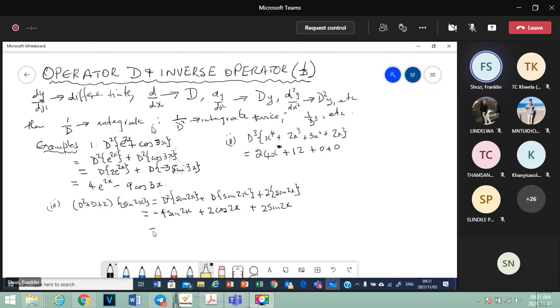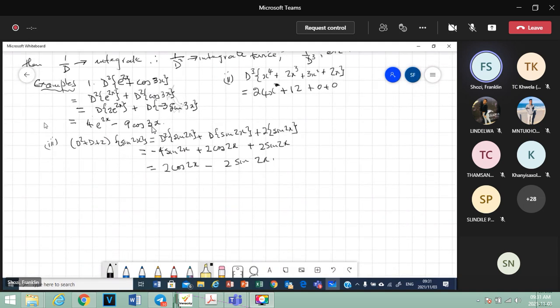If they are like terms, this together with that will give us 2 cos 2x, if I start with a positive 1, minus 2 sine 2x. So that is how we operate. That is how we handle our operator D. Let us have more examples based on that.